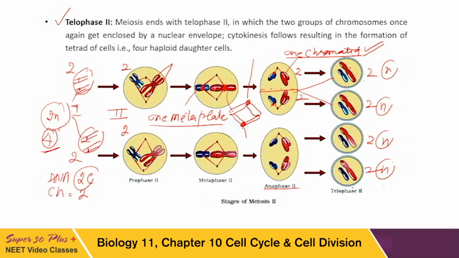In this, the DNA amount will be 1C, and the chromosome number will again be 2. But what's the difference? Here these chromosomes always have 2 chromatids. Remember, in numerical problems you have to be very careful. But here, this chromosome has only 1 chromatid. Is it right?